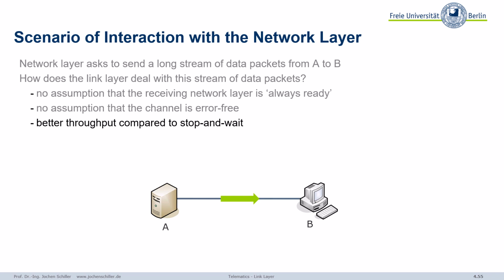Right now we can only send one frame, wait for the acknowledgement, send the next frame, wait for the acknowledgement. Piggybacking improves this a bit, but maybe I want to send 3, 4, 5 frames because the receiver can easily buffer this. So we have to improve throughput. The simple stop and wait is not very efficient. Okay, so how can we do this?